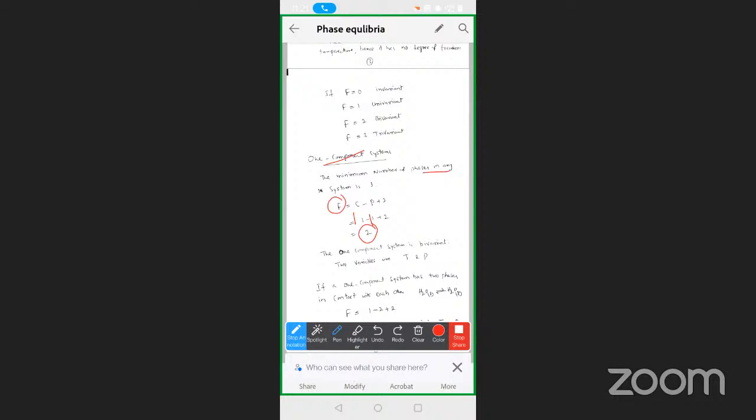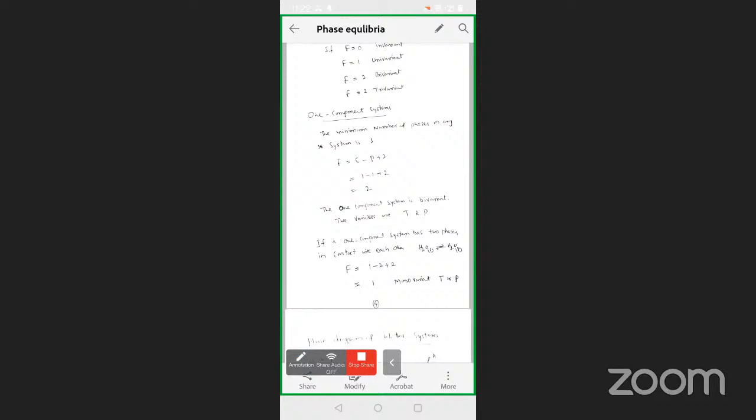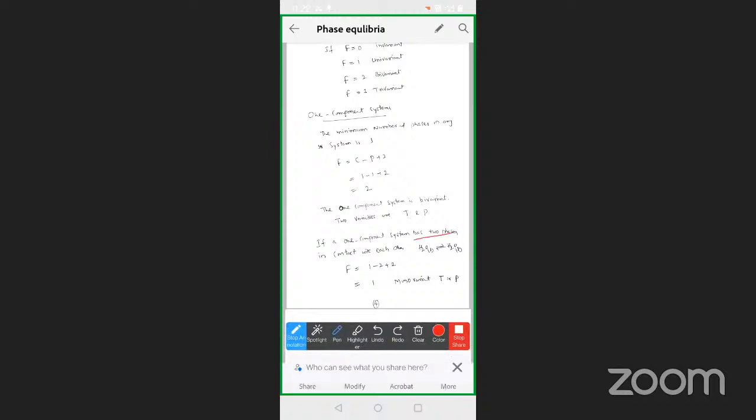The 2 variables are temperature and pressure. Suppose that one component system has two phases which are in contact with each other, H2O liquid and H2O gas.